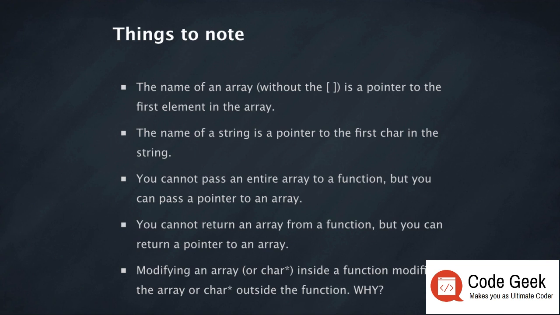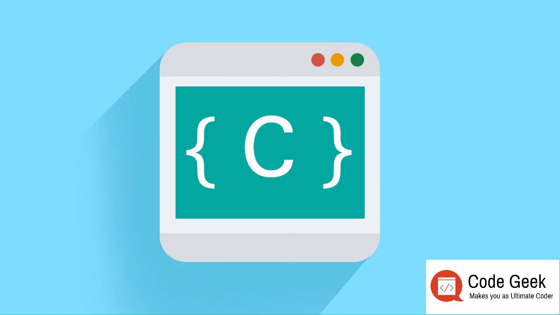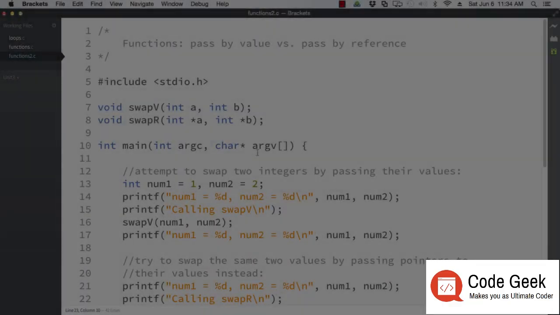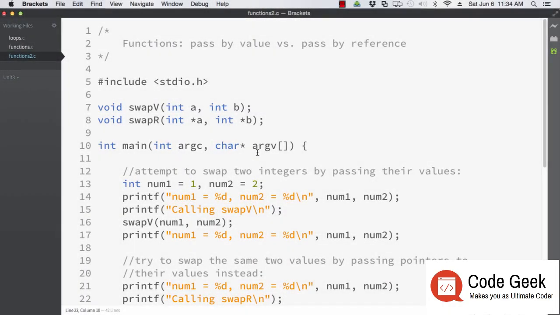And finally, modifying an array or a char star inside a function modifies the array or char star outside the function. Think about the five statements I've made on this page, and then think about why this last statement is true. Now look at an example, the swap example, of passing by value versus passing by reference.